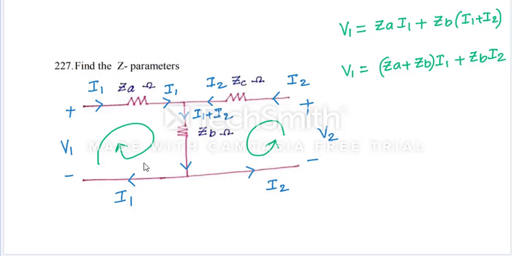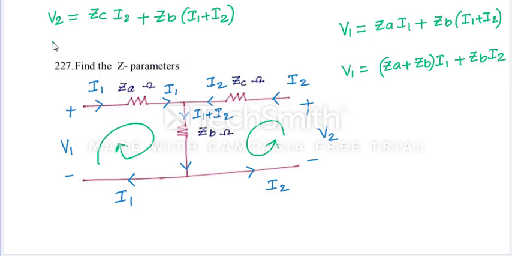And see in this loop now, V2 is given as what in the second loop? ZC into I2 plus ZB into (I1 plus I2), the sum of the two currents.